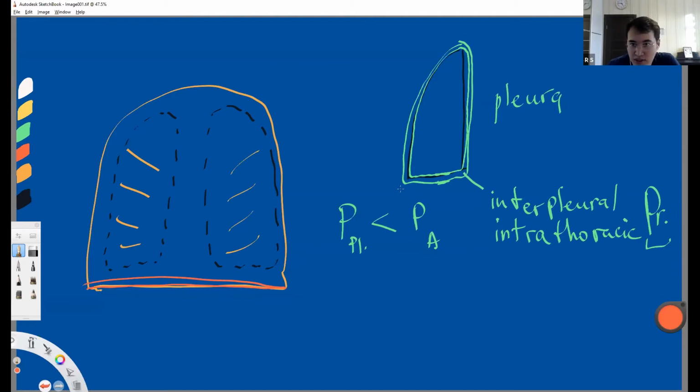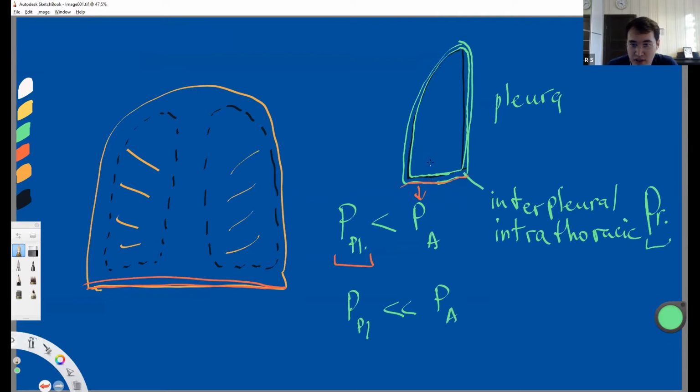And because the diaphragm is connected to the bottom side of the pleura, it pulls the whole bag down and decreases the intrapleural pressure. So in this case, it becomes much lower than the atmospheric one.